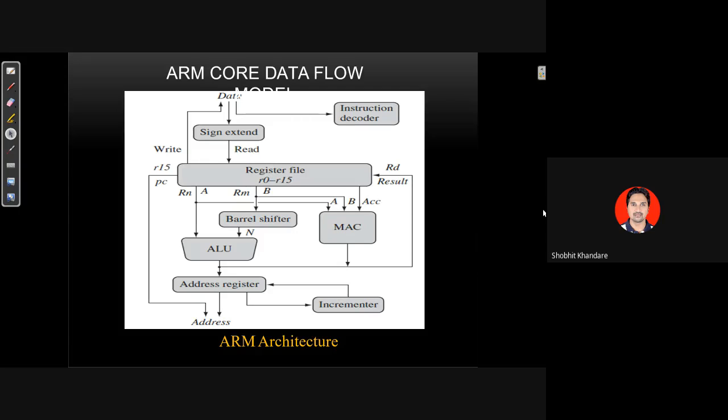Why do we have to study this core? Because if I have to design any system, then the selection of the core is important. Which core do I have to select, and what should be in the core? That is more important, and it depends upon the designing aspect or the application of a system.